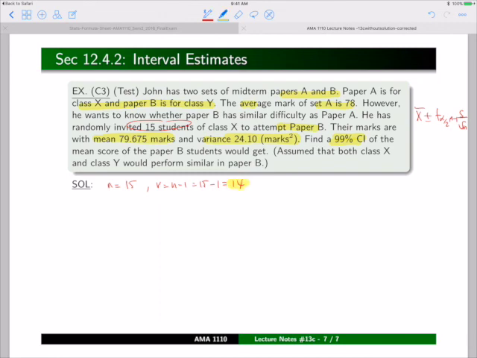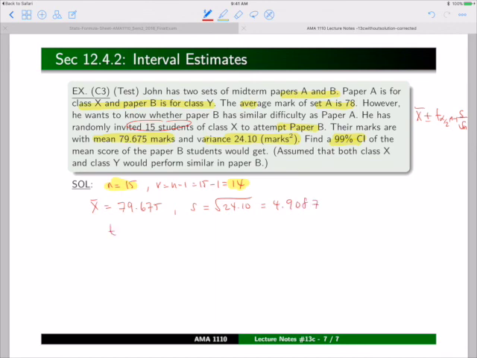We're given the class average 79.675, with variance, so standard deviation given by 24.1 of the sample. So then that will be in fact just 4.9087. So we have everything.